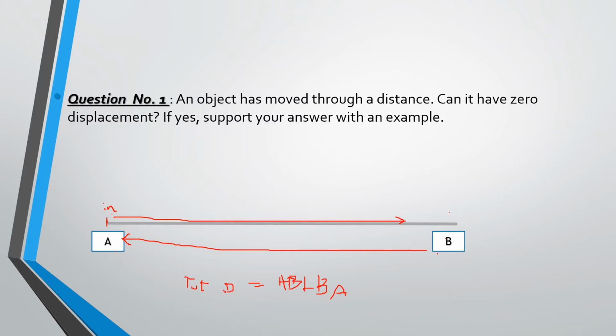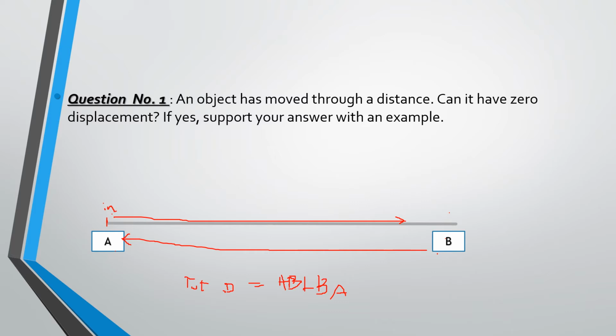But the question they are asking is: an object has moved through a distance, can it have a zero displacement? Obviously yes, because displacement is nothing but the shortest distance between the initial position and the final position. But the distance is the total distance covered by the object.